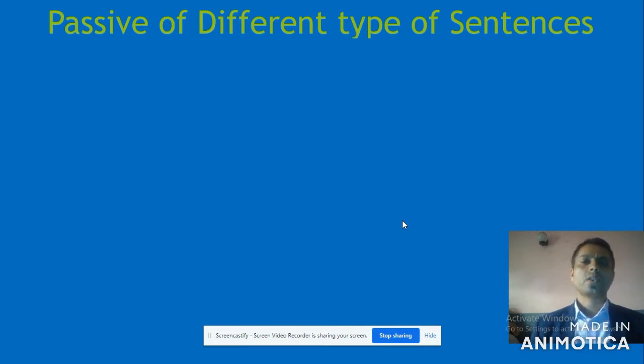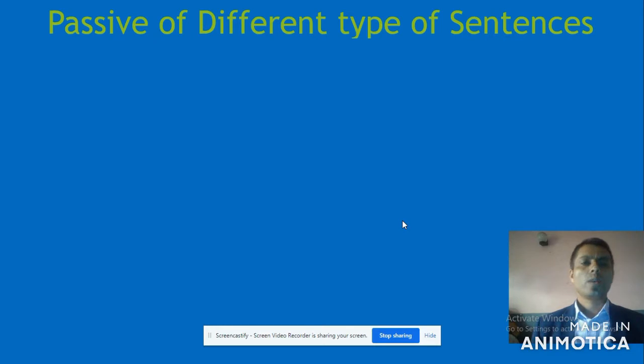Basically, all the sentences were assertive sentences. But today I'm going to teach you the same lesson, active and passive voice, in a little bit advanced form, a little bit advanced type for the senior students.